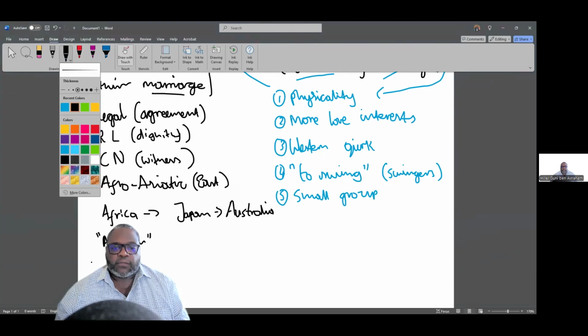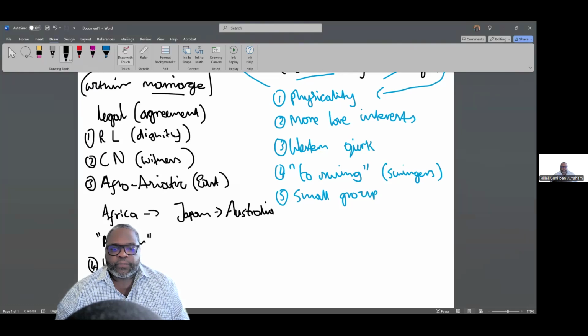Polygamy deals with houses and families. So in polyamory, we have different people having sexual and love experiences. So instead of having one girlfriend or one lover, you've got multiple lovers, and all of you are loving each other. And it goes many ways. It's not just the two men that are loving this one woman.